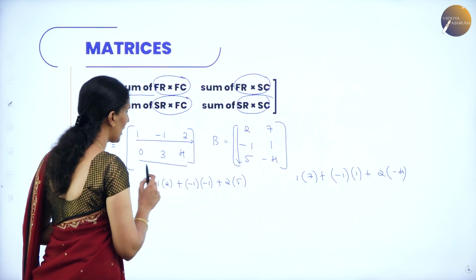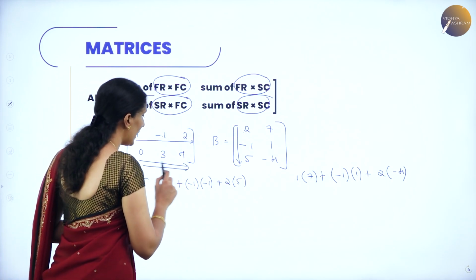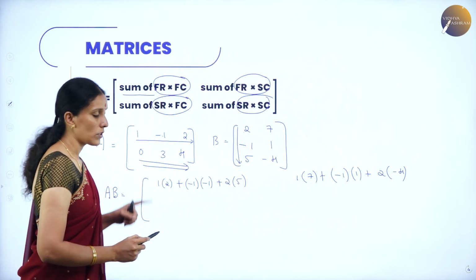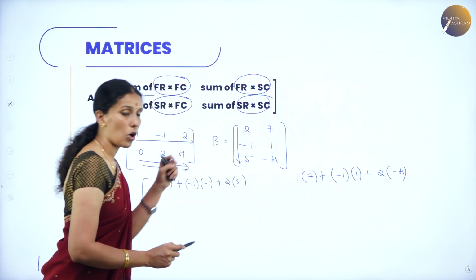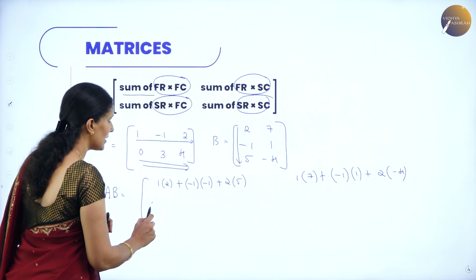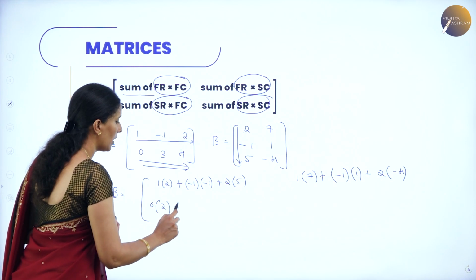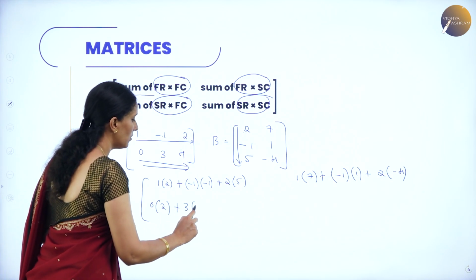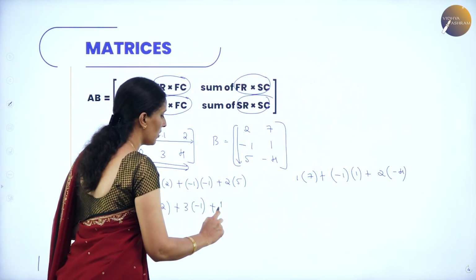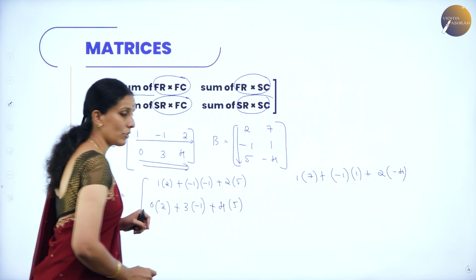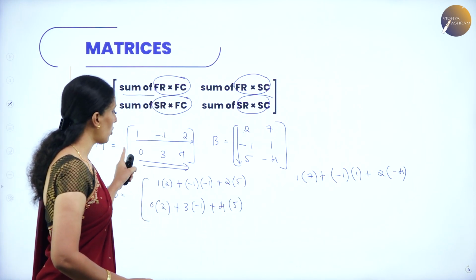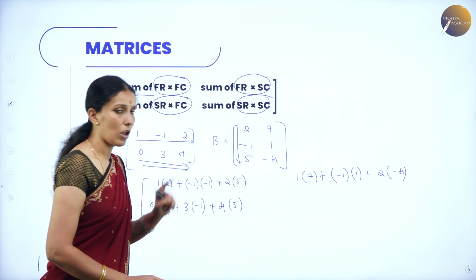So this is our second row here. So, second row elements with first column elements. That is 0 into 2, plus 3 into minus 1, plus 4 into 5. Now this is done.